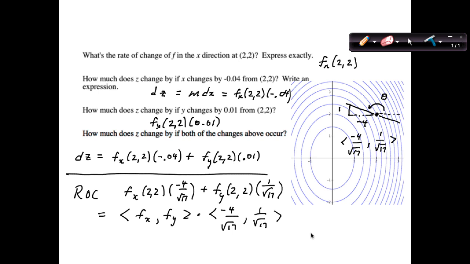So I'm taking a vector of the partial derivatives dotted with a unit vector in the direction I want to go, and what do I get? I get the rate of change in that direction of z, rate of change of z with respect to going in that direction.